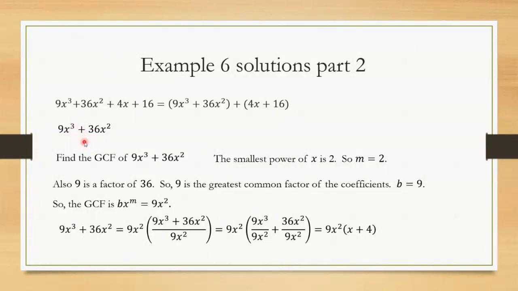So the smallest exponent of x, as we can see, is 2. So our m would be 2. 9 itself is a factor of 36. So 9 is the greatest common factor among the coefficients.